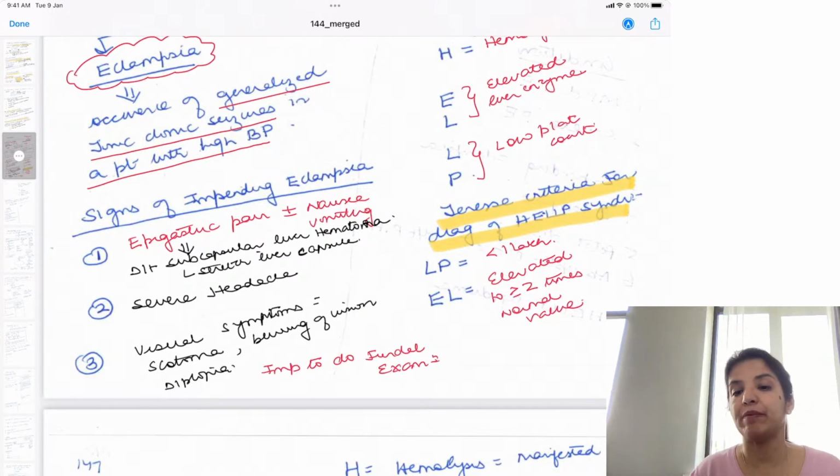Shiva, in fundal examination, you will also have to rule out retinal detachment, right? And there is something called hypertensive retinopathy changes. Now, I don't know whether you are a foreign medical student who is asking this question or whether you are a NEET PG student.